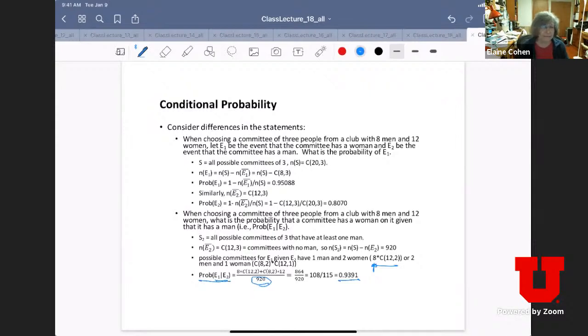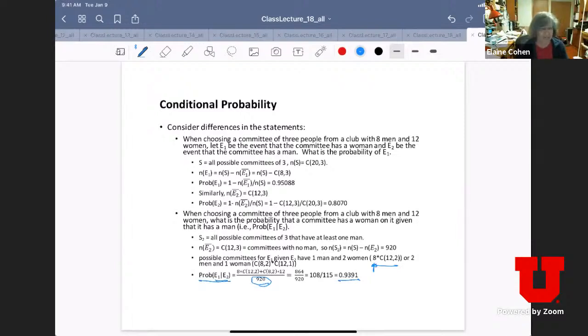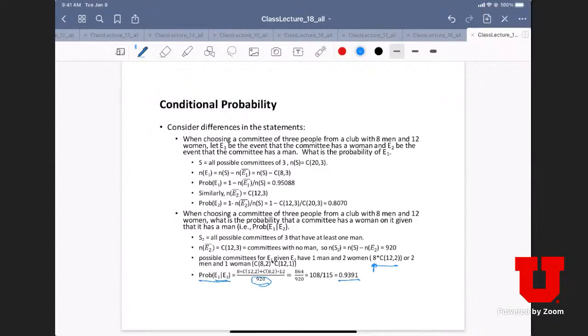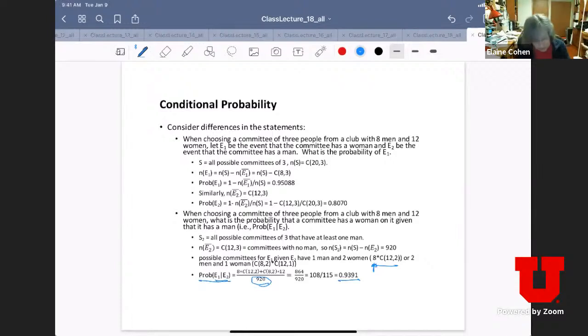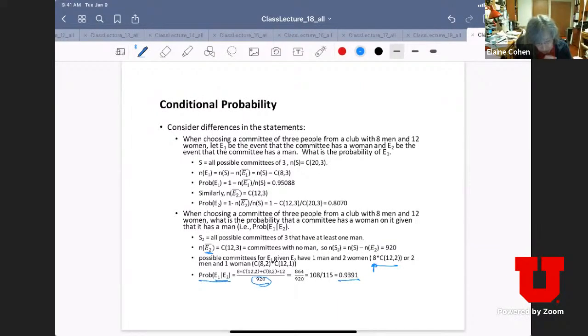Yes, Grant. What about the case where it was 3 men? Wouldn't that not be possible since there's no room to add a woman to that committee? Yes, I don't have that case. But for S2, wouldn't S2 include that case? S2, let's look, what is E2? E2 is the event that the committee has a man.